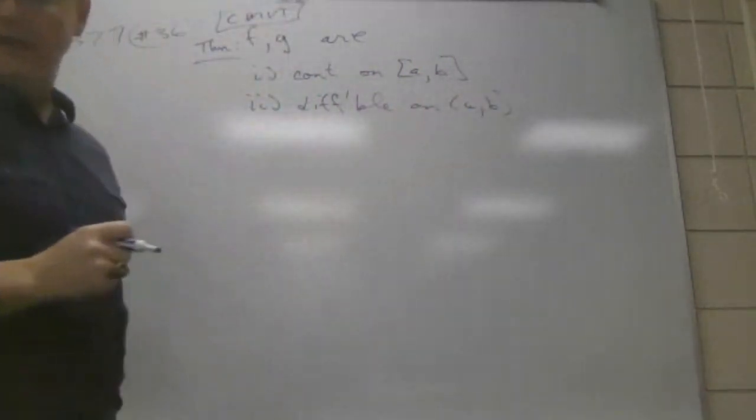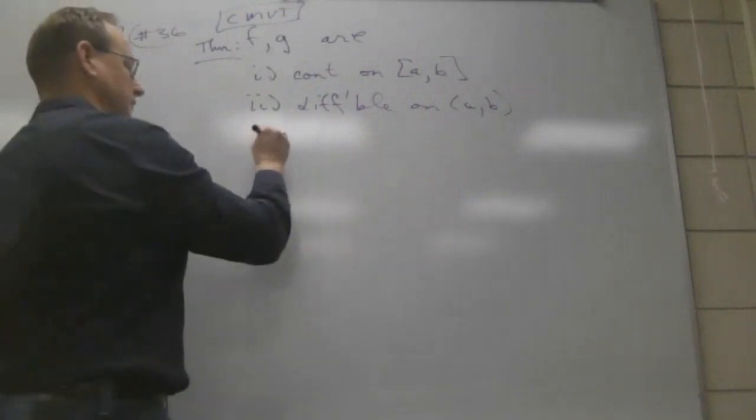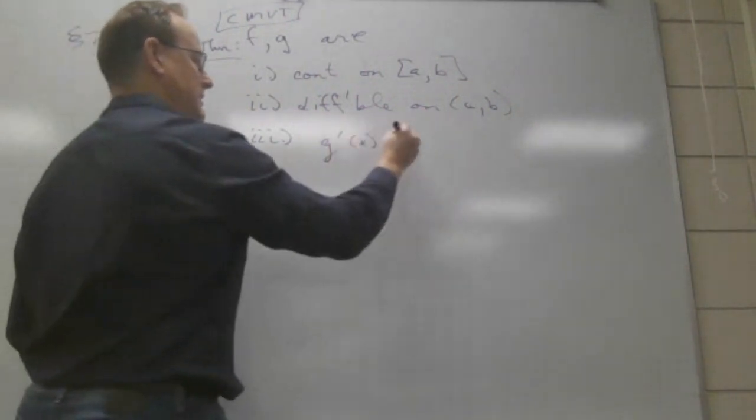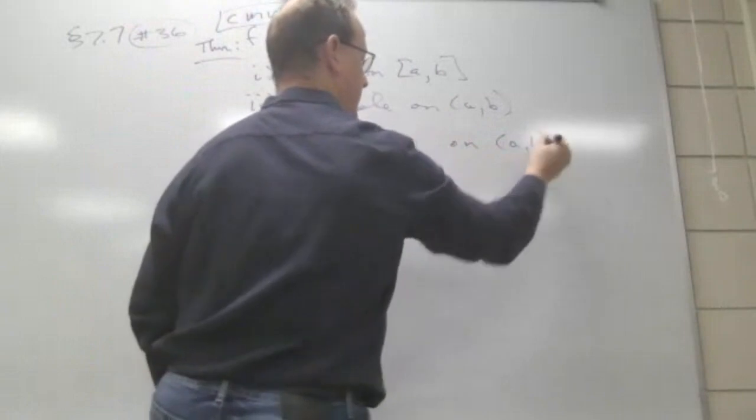And we also know that the denominator is not equal to 0 on the open interval, so g prime of x is not equal to 0 on the open interval a to b.